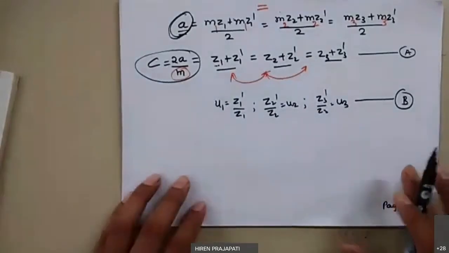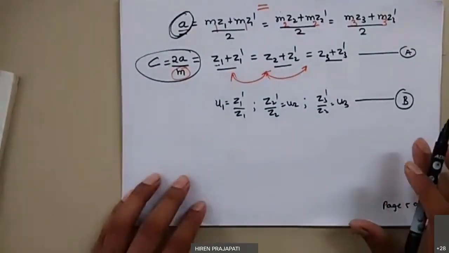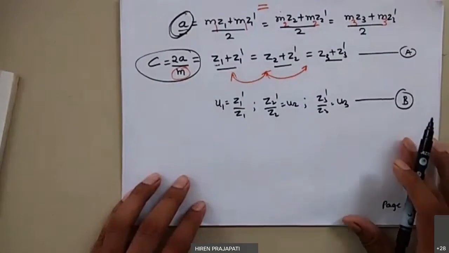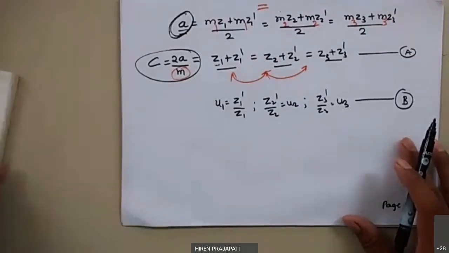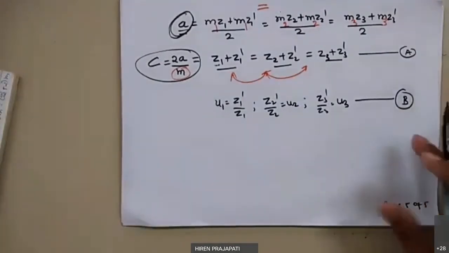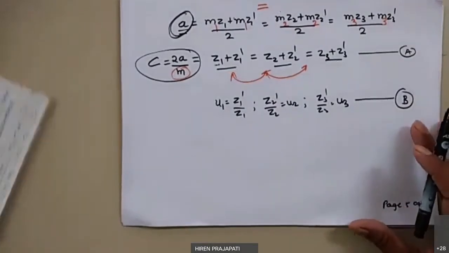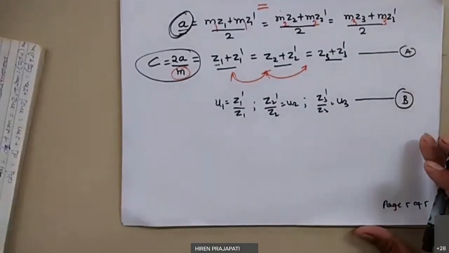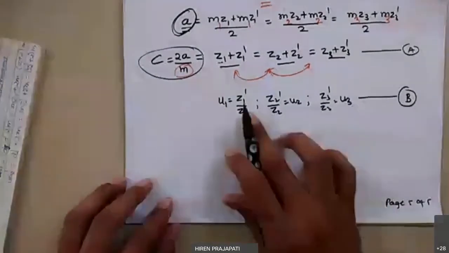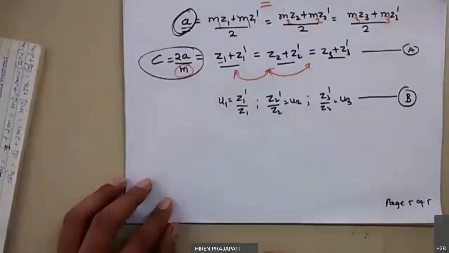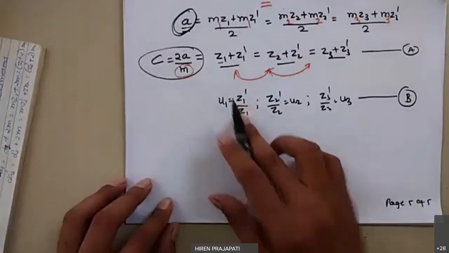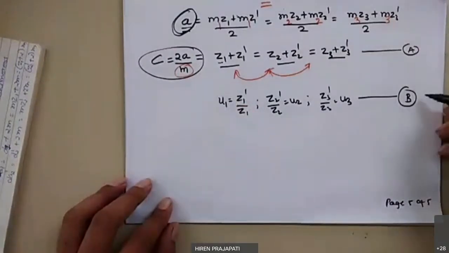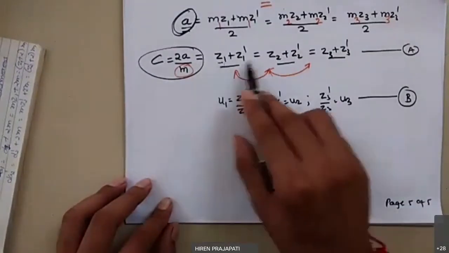We'll also try to understand this by solving one numerical, one design problem. At that time you get better skills. But right now I'm just discussing how these equations will be helpful to us. Now, if you solve A and B, you will get these Z values in fraction.